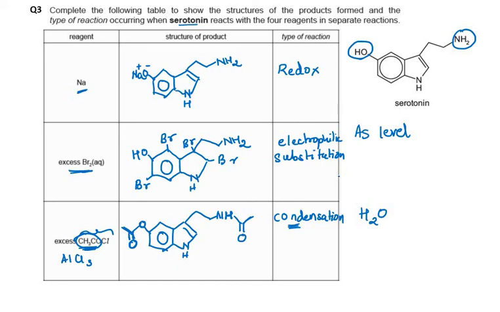So when such a question is asked where only one compound is reacted with different types of reagent, just think about what functional groups are present in our compound. As we had seen here, we had a phenol group, we had an alkene group, and we also had an amine group at two places, out of which NH2 is very prone to reaction.